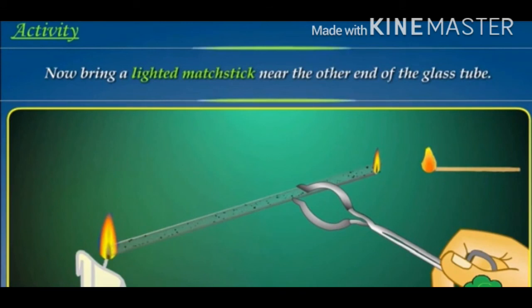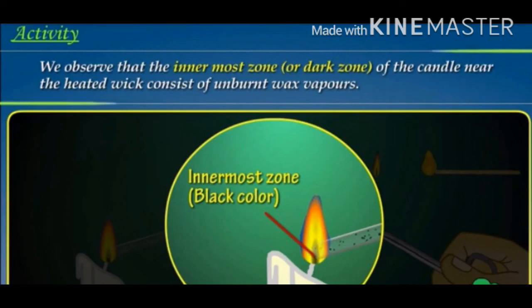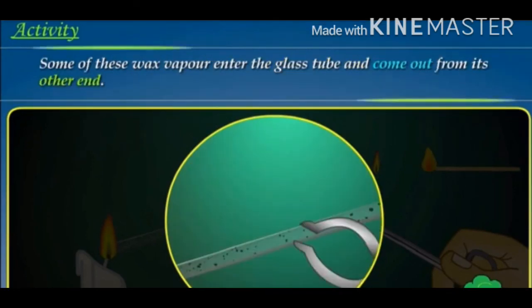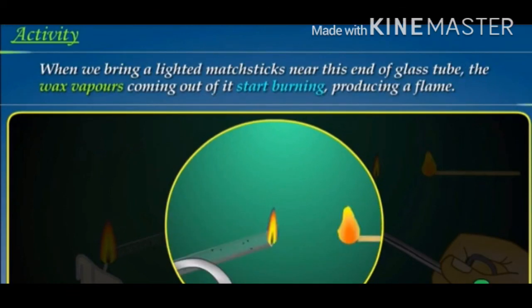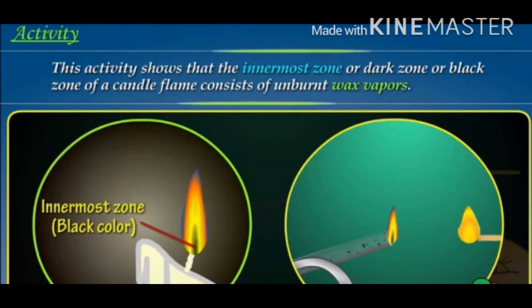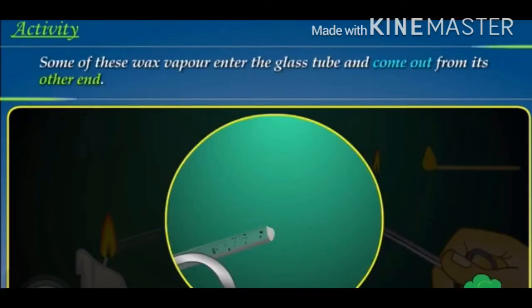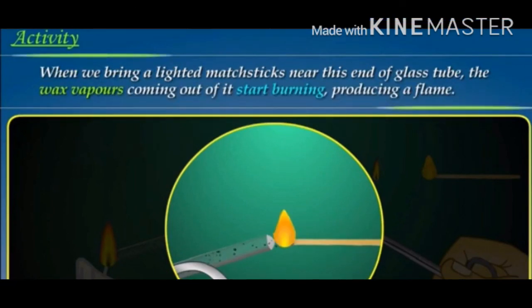Some of these wax vapors enter the glass tube and come out from its other end. When we bring a burning matchstick near this end of the glass tube, the wax vapors coming out of it start burning and produce a flame.